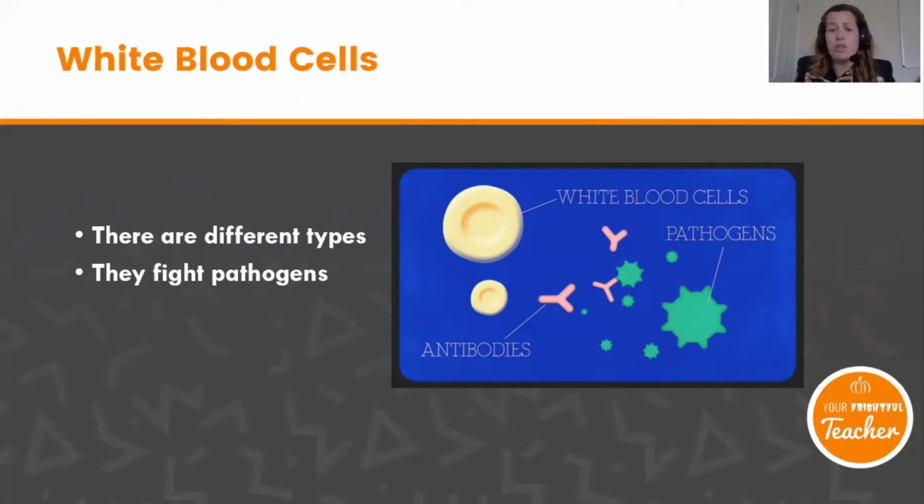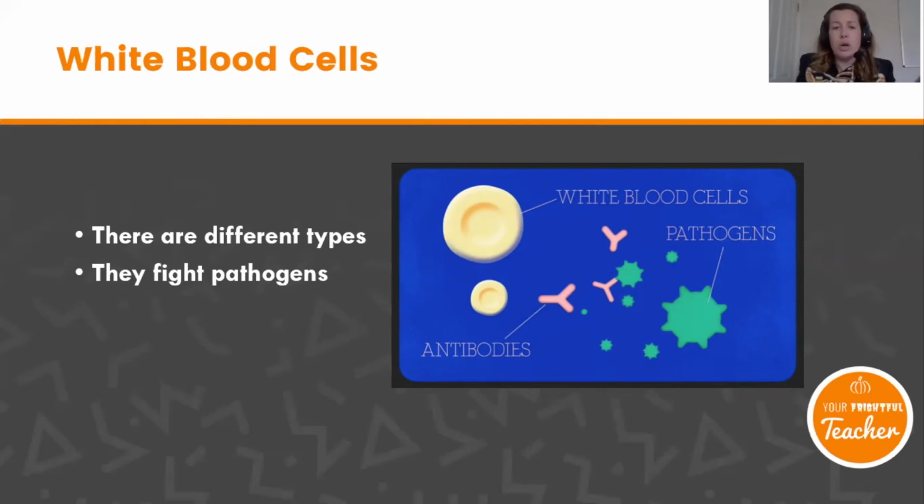So as I say, lots of different types of white blood cells, but their main role in the body is to fight pathogens. So pathogens are any microorganisms that cause disease. And one of the ways to do that is they can release something called an antibody, which helps destroy pathogens. And those antibodies are carried in the plasma of your blood.